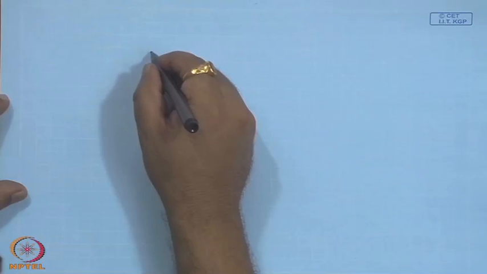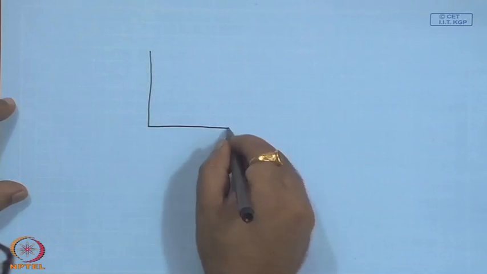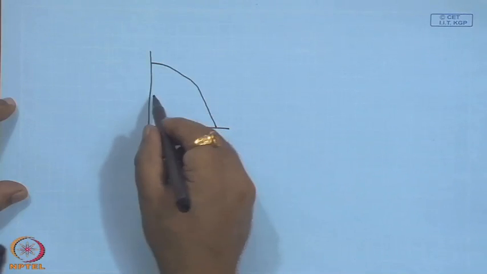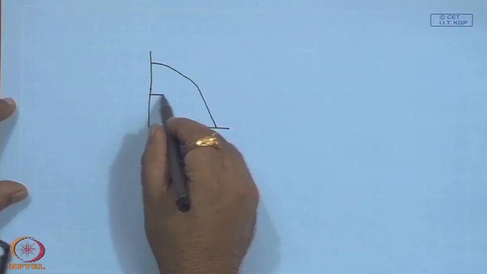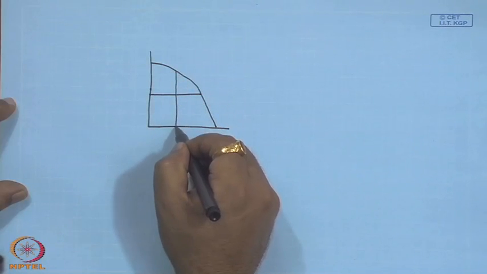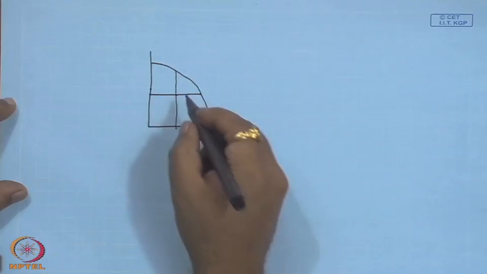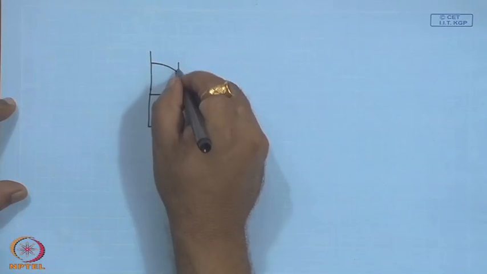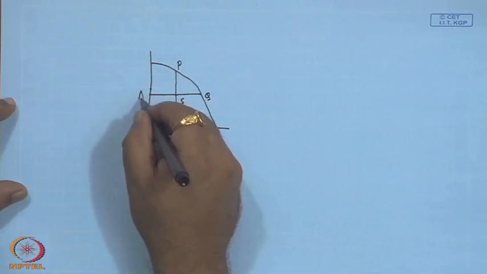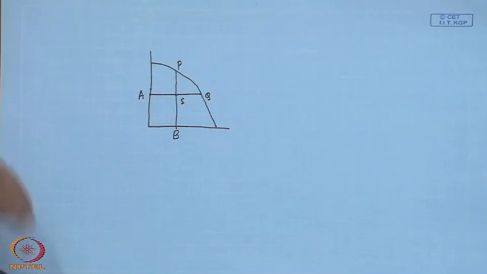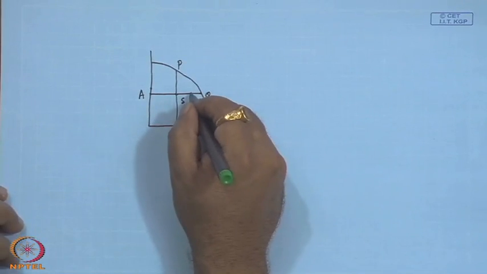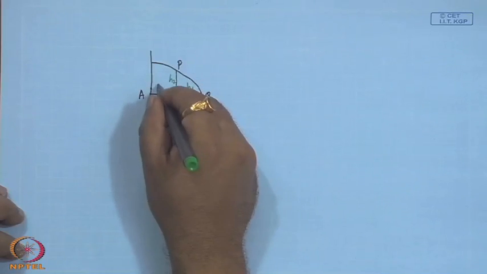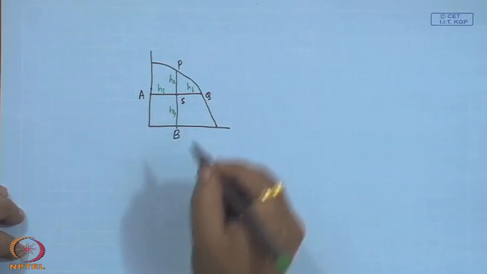Now I draw this, and this is a point say S, Q, P, A and B, and this is H1 and this is H2 and H3, H4.